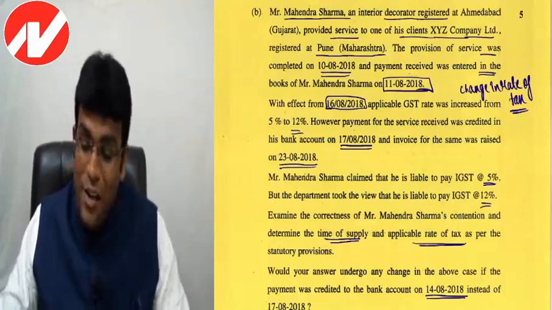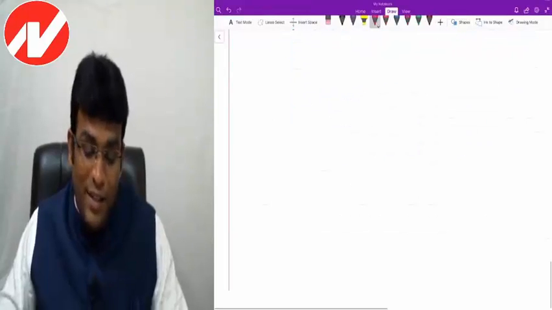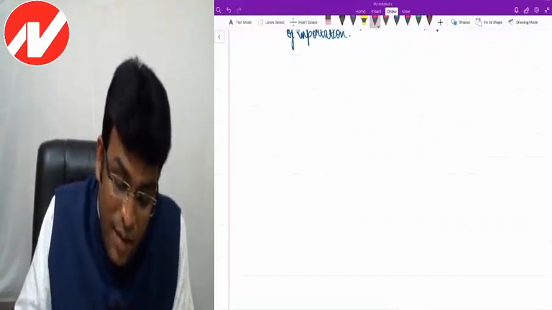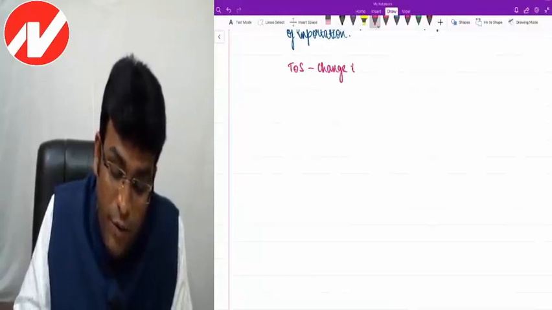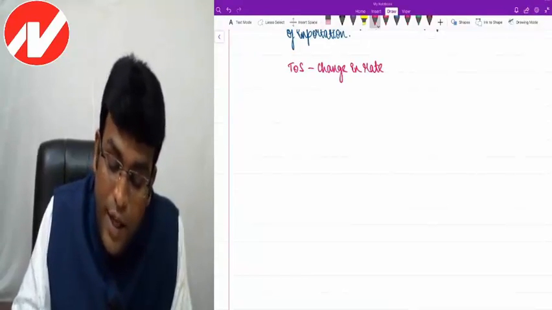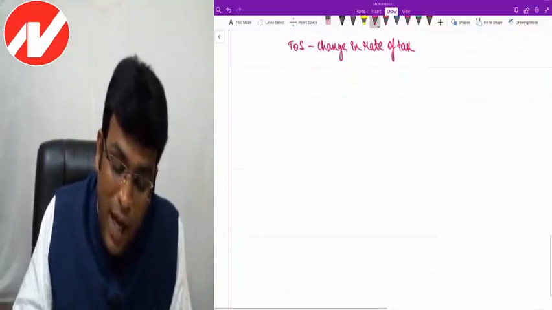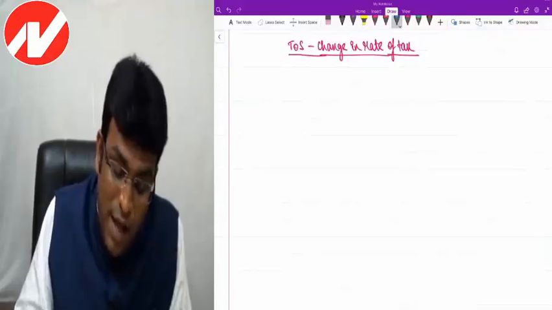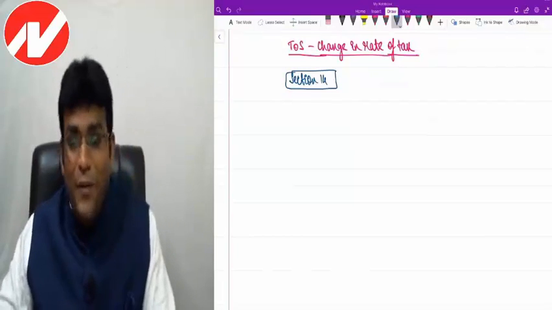Clear, friends? First fundamental point: in case of time of supply for a change in rate of tax, we have one brilliant section called section 14.